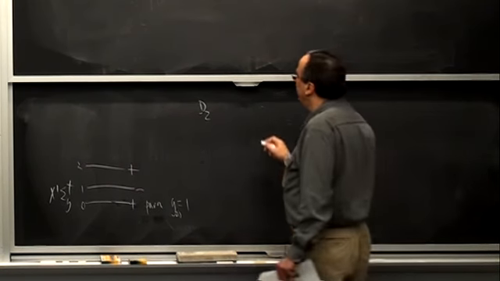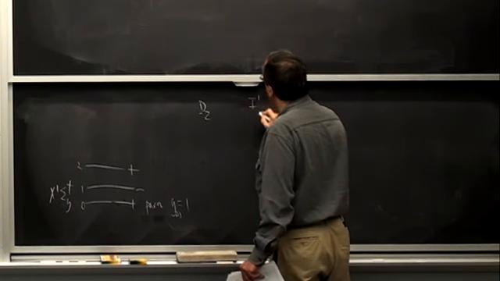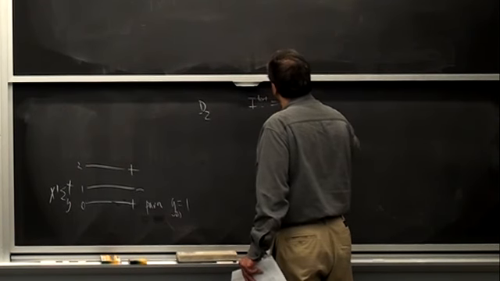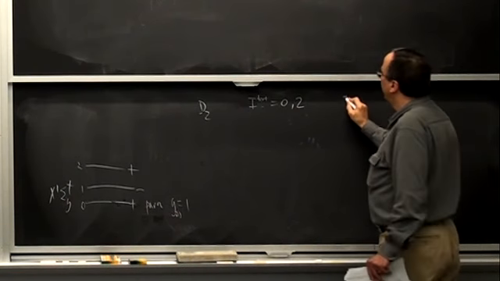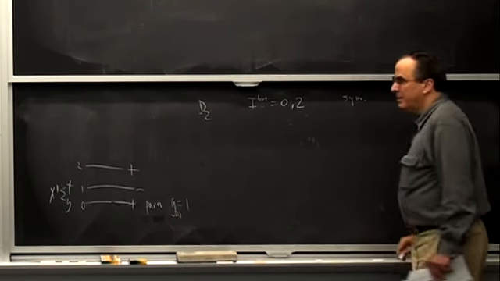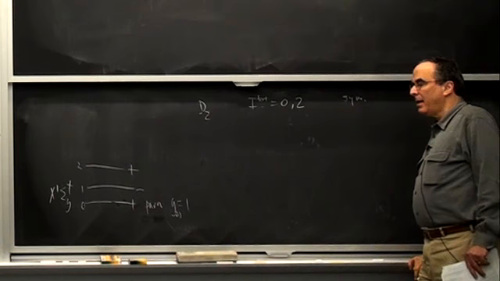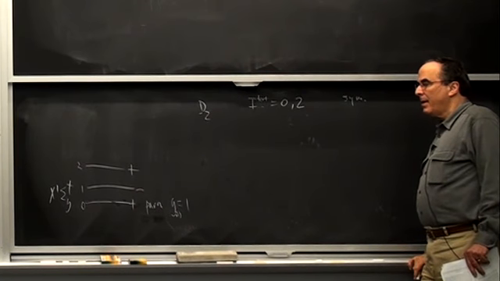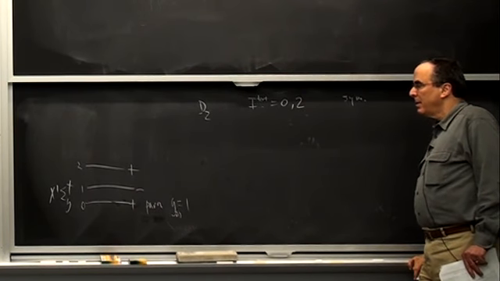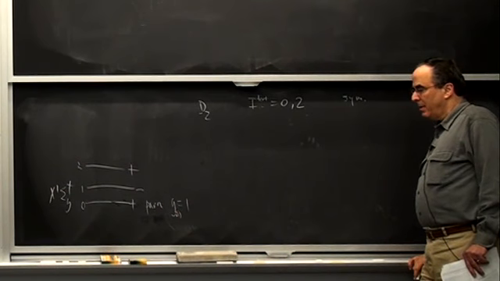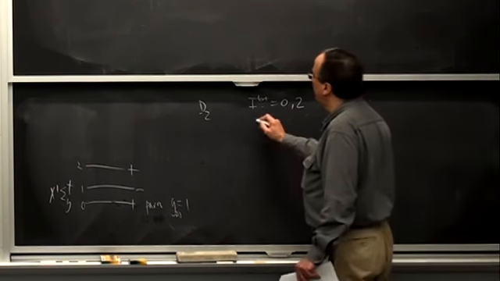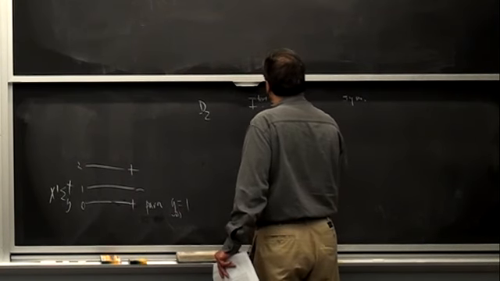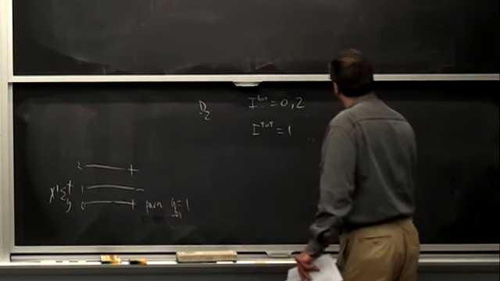And what you find is the states with I total equals 0 and 2 are symmetric. Is that right? That's right. And I total of 1 are antisymmetric.